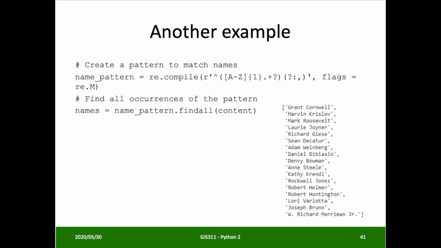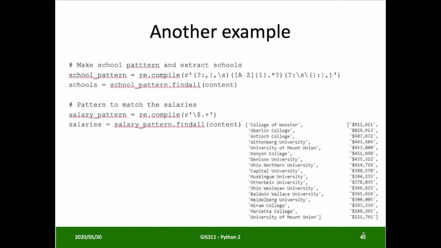To create a pattern, we say that it is everything until we get to the first comma. So it's names, and we stop at the first comma. We say find the pattern, and we extract all these names into a list. Then we can create another list for the salary.